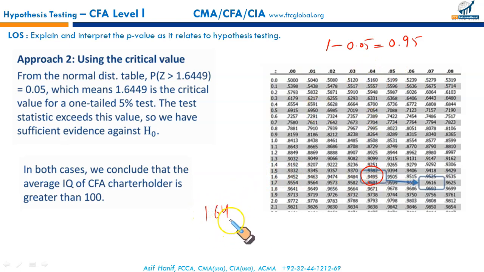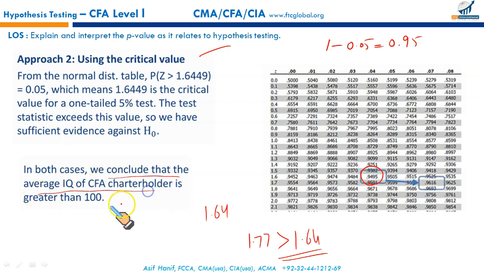So our test statistic which we calculated previously, 1.77, is greater than this critical value. So it means that we have sufficient evidence against H0. Whether you use the p-value or critical value approach, in both cases we conclude that the average IQ of CFA charter holders is greater than 100.